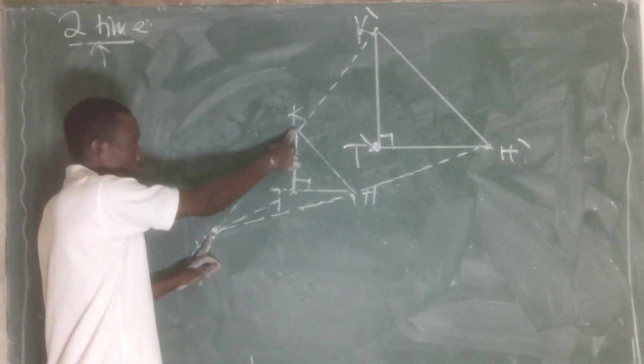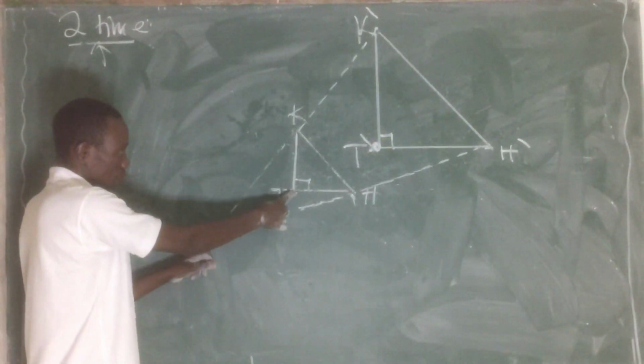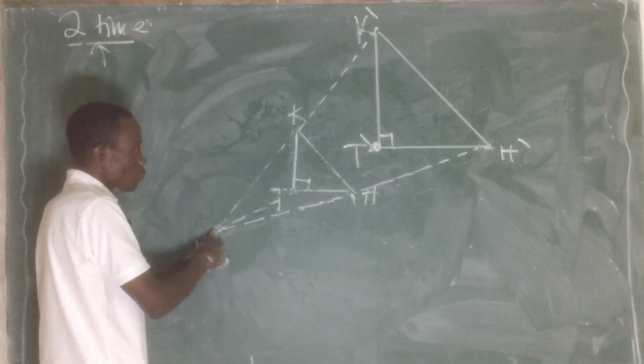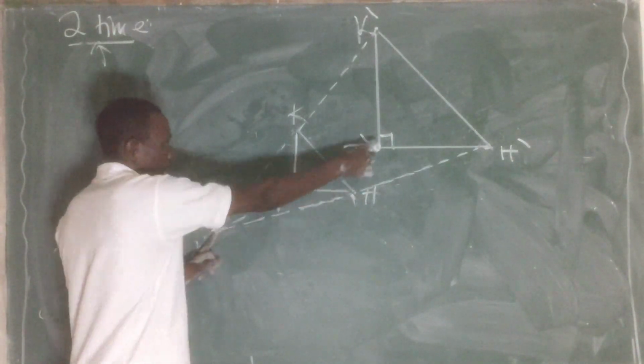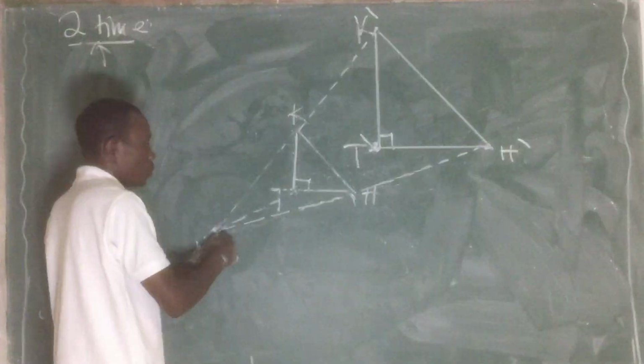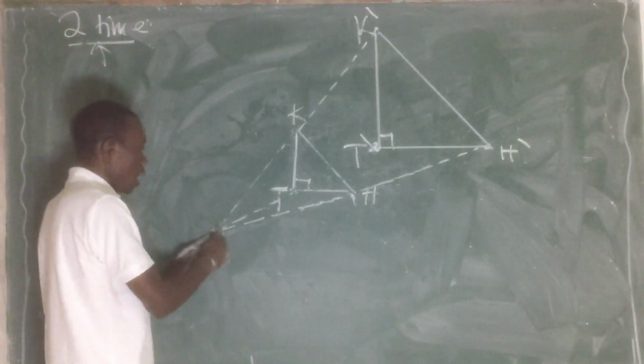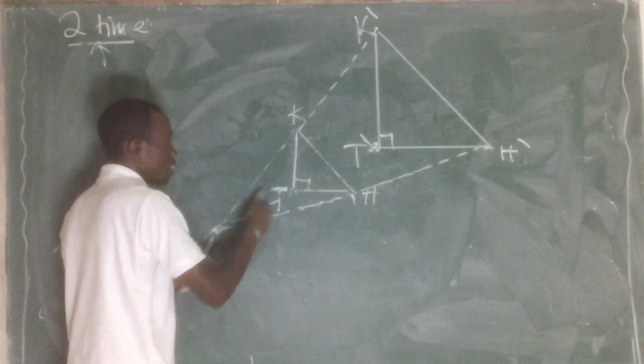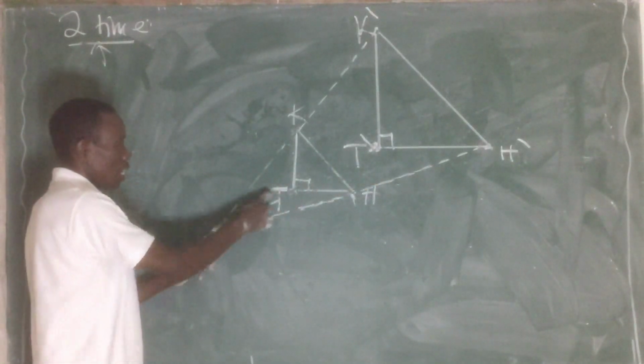Just like if you talk of NT versus NT prime, this NT prime is 2 times NT.